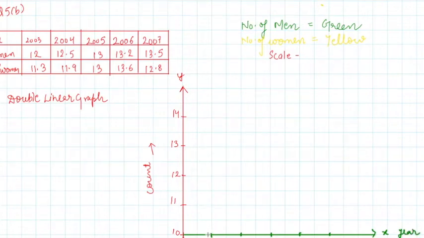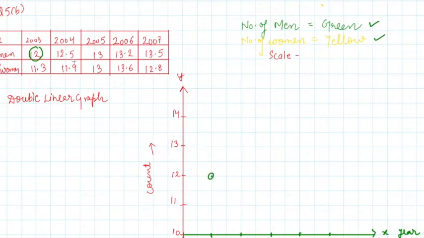Now you have to see in 2003 the number of men, which I am taking with green color, and then we will do the graph for the number of women, which will follow the yellow color. So the number of men in 2003 is how much? 12. So in 2003 you have to mark 12. This is your point with green color.